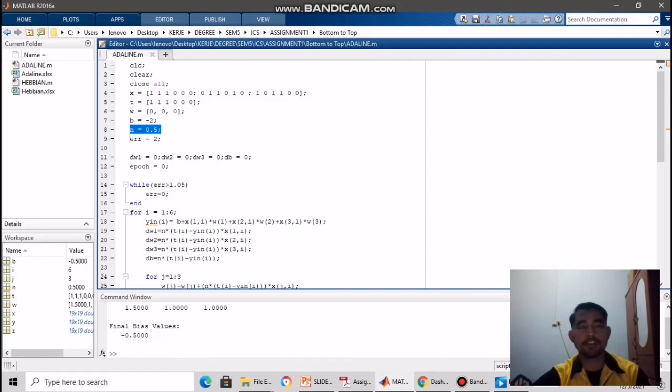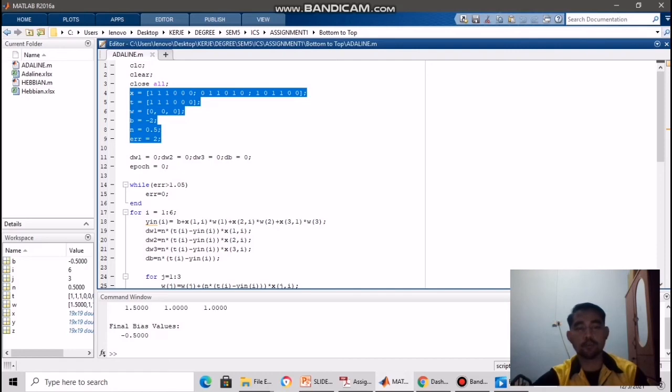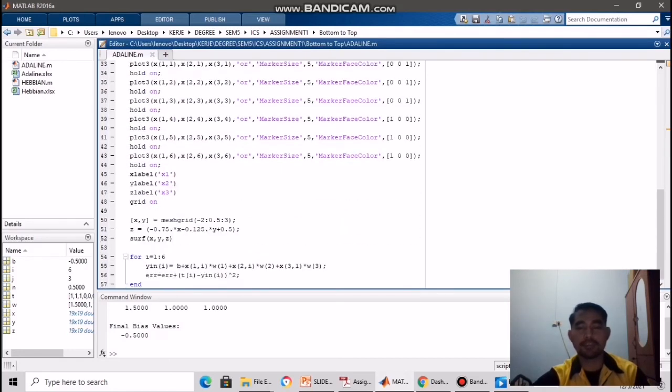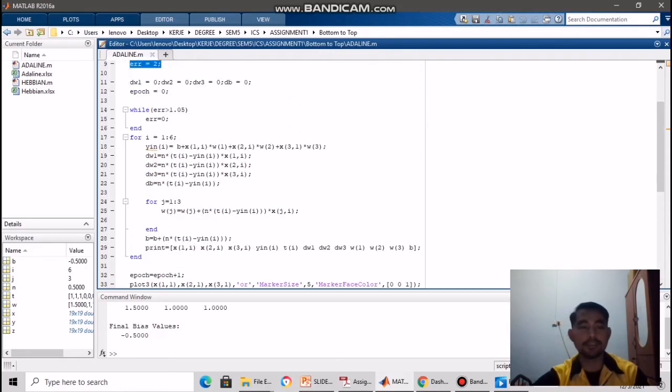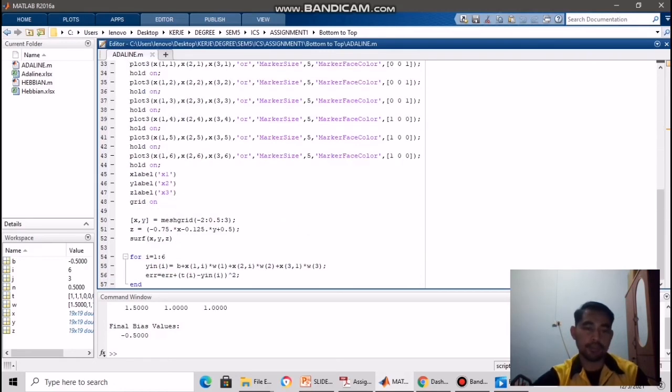And our command is just the same as the previous Adaline part, because we just need to change a little bit of our finding, where the most important thing is here, where we found out that the equation here was different from the previous Adaline part, that is top to bottom.